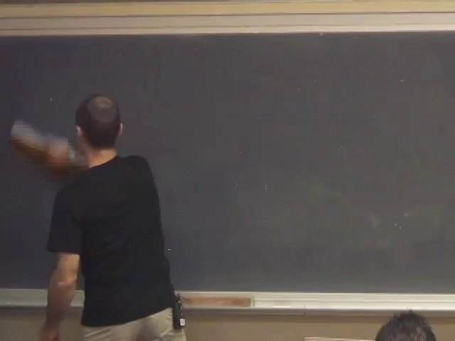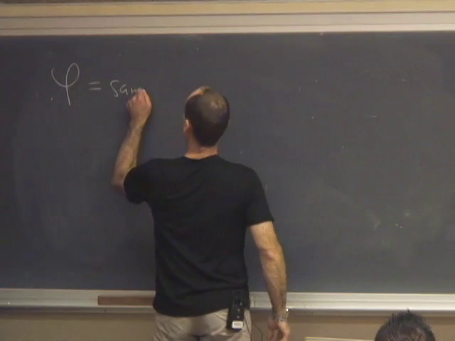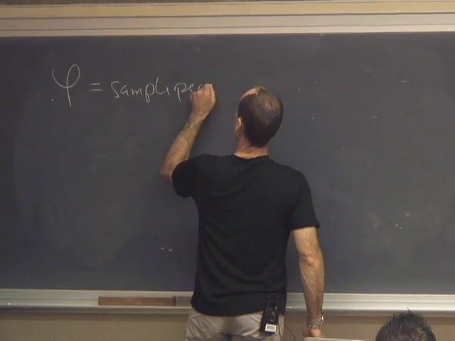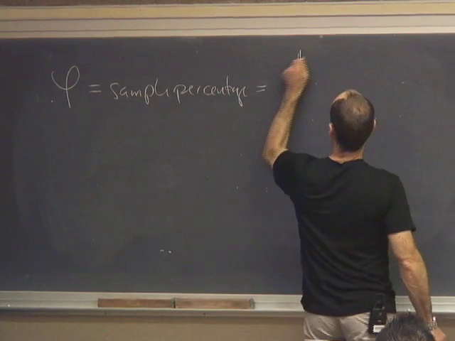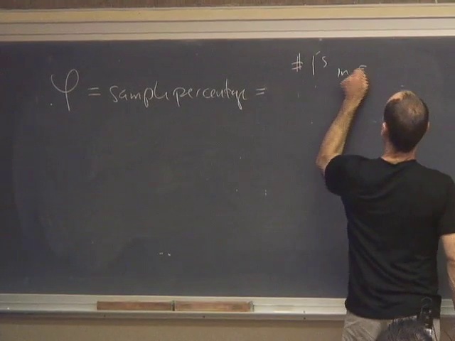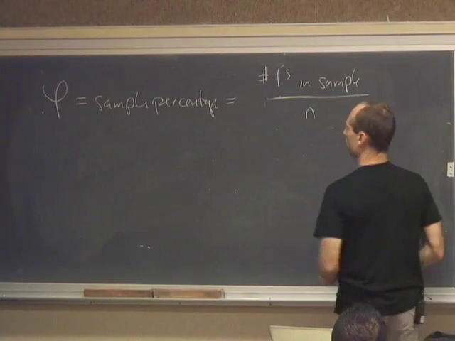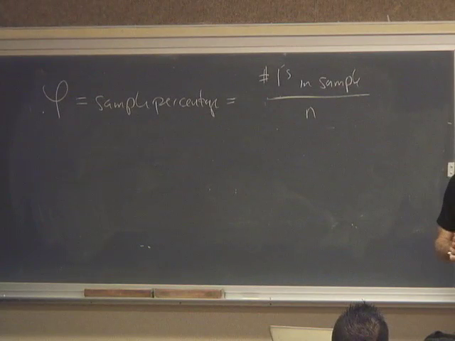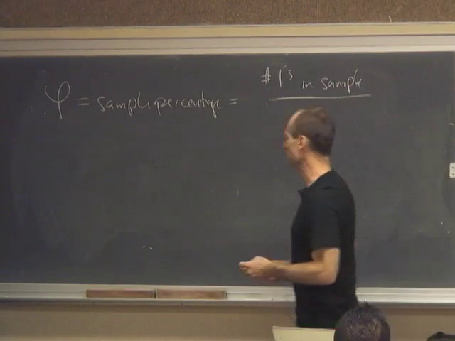I'm going to use a Greek letter phi for the sample percentage. So this is the number of the ones in the sample divided by n. That's our estimator. It's an estimator of the population percentage.